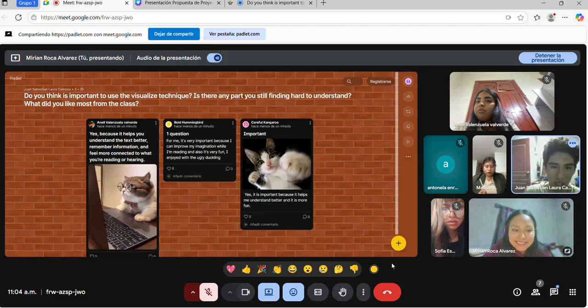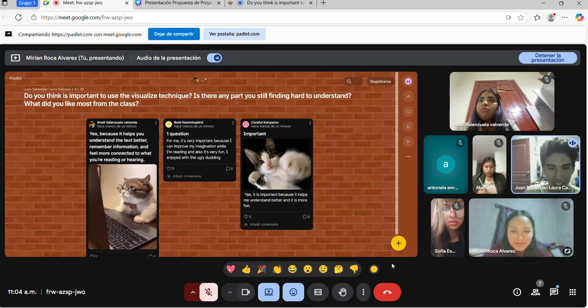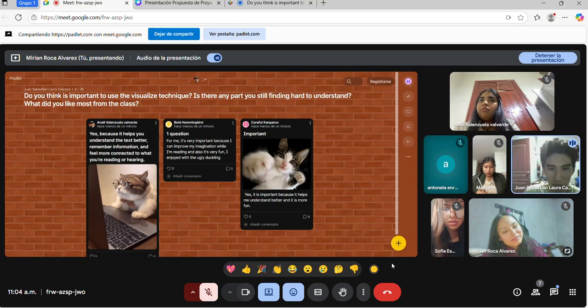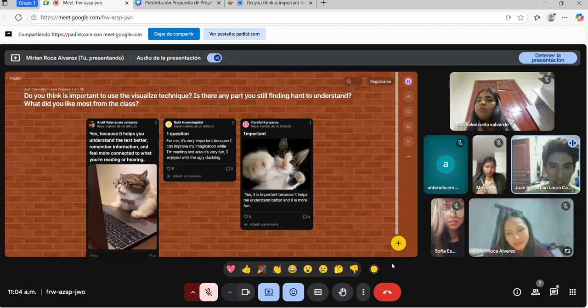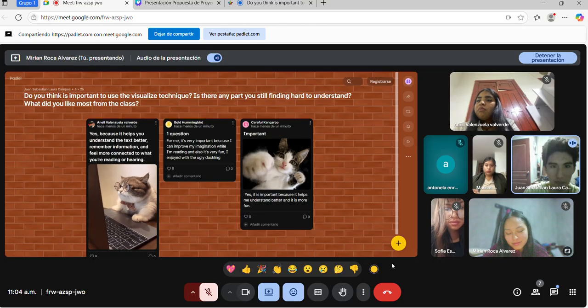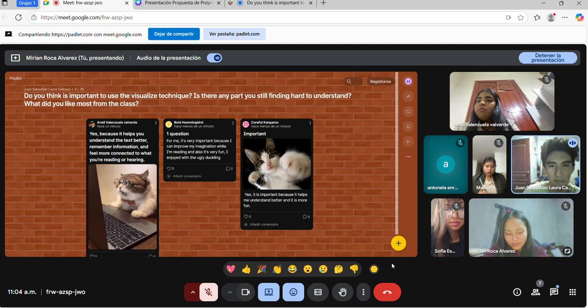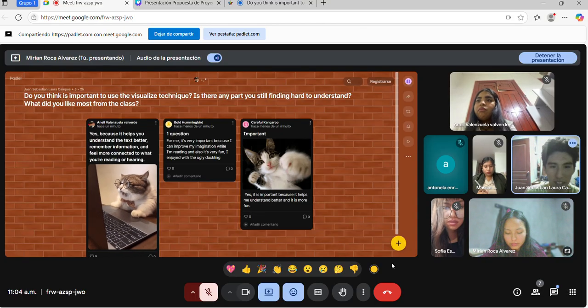I enjoy it with the ugly duckling. I love this story about the ugly duckling. I think it's important because it helps me to understand better, and reading is more fun. Yeah, it is obviously more fun to imagine this mental image. So I think that's all the answers we have for now.